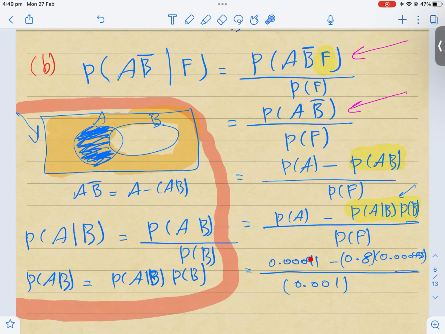It is 0.0091, 90 or 91, minus probability of A given B, which is just 8/10 times probability of B. We had that from the previous question, 0.3045.